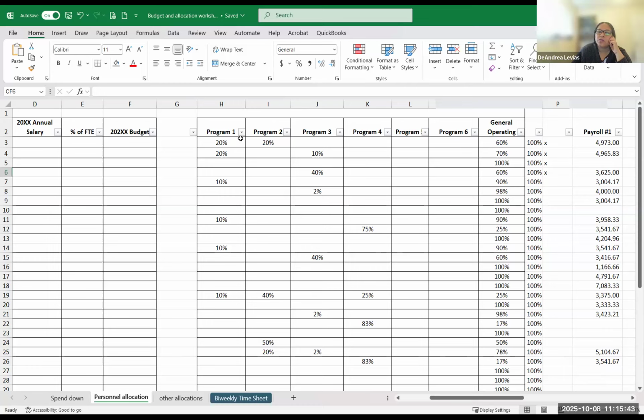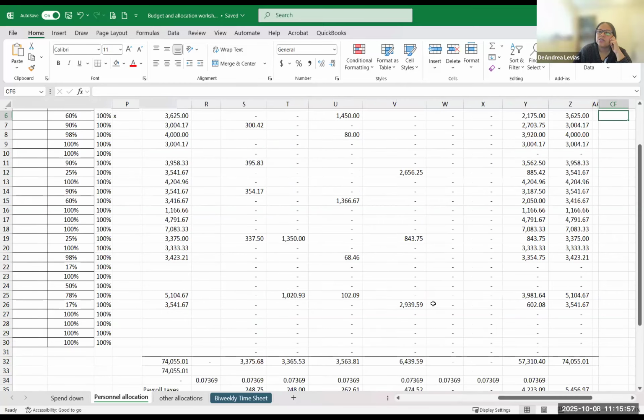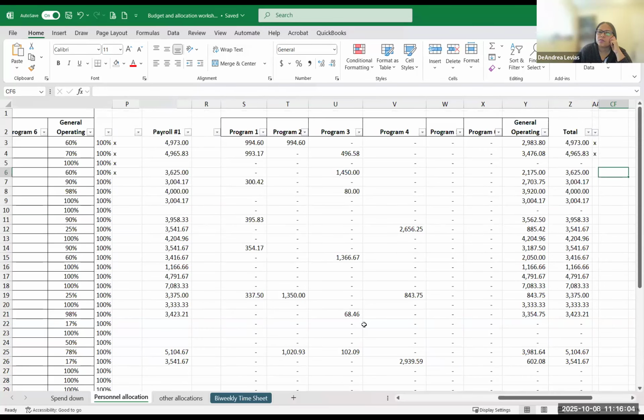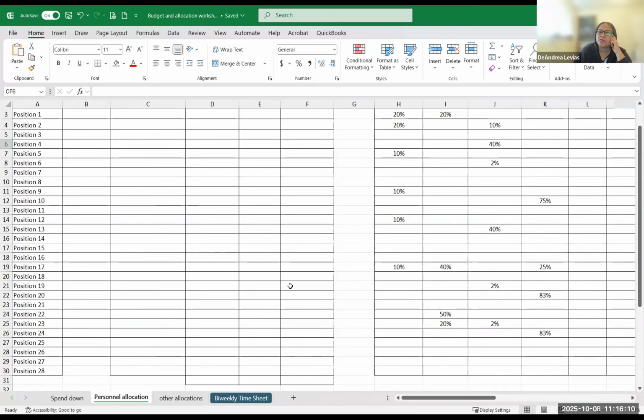So maybe 20% program 1, 20% program 2, and then 60% is going to general operating. Each payday, their payroll is put in here and the allocation is done. This is what the organization was using to do their payroll journal entry.